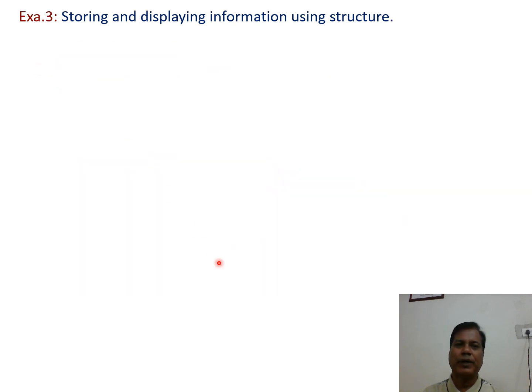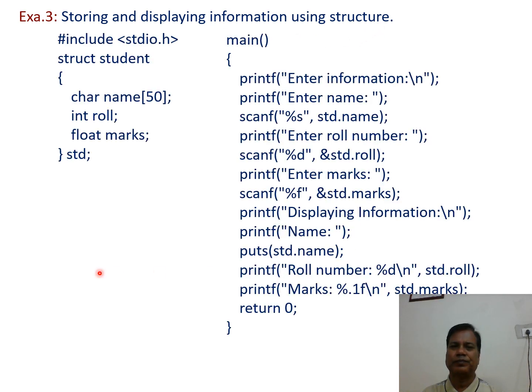Now the third example is storing and displaying information using structure. This is another example program, and in this example program we are declaring the structure student that has three member definitions: char name for storing the name of the student, int roll for storing the roll number of the student, and for storing the marks of the student, float marks.